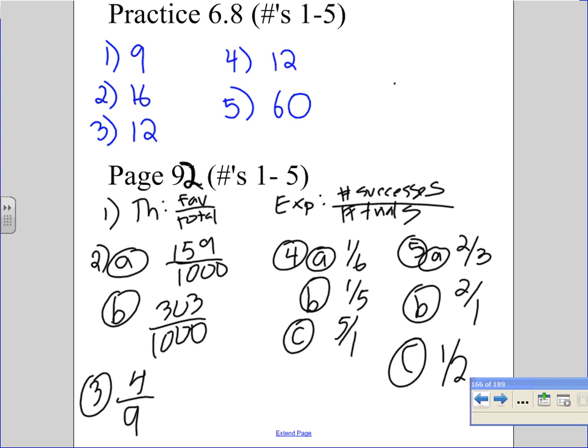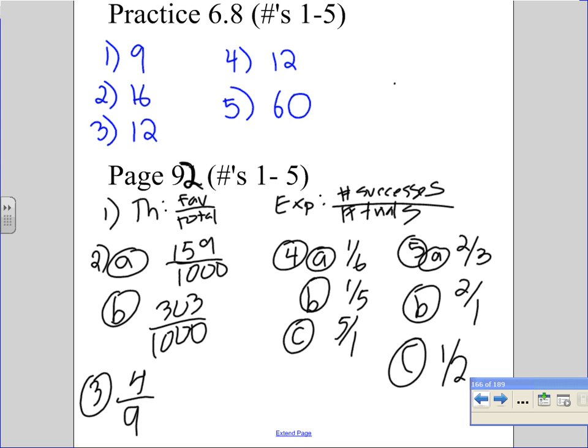Annalise? You would lose half a point on a test. Always simplify. Always. Zach? Yep.